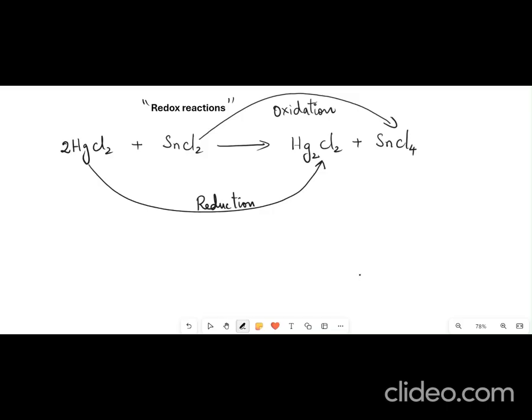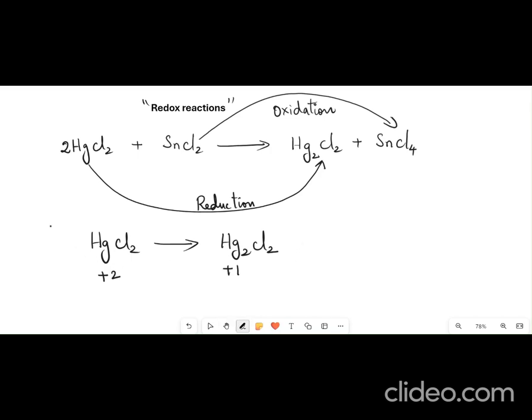We have different types of redox reactions, but let us understand this in terms of oxidation number also. HgCl2, I told you, is reduced; it is converted to Hg2Cl2. The oxidation state of Hg here is plus 2 and it is converted to plus 1.